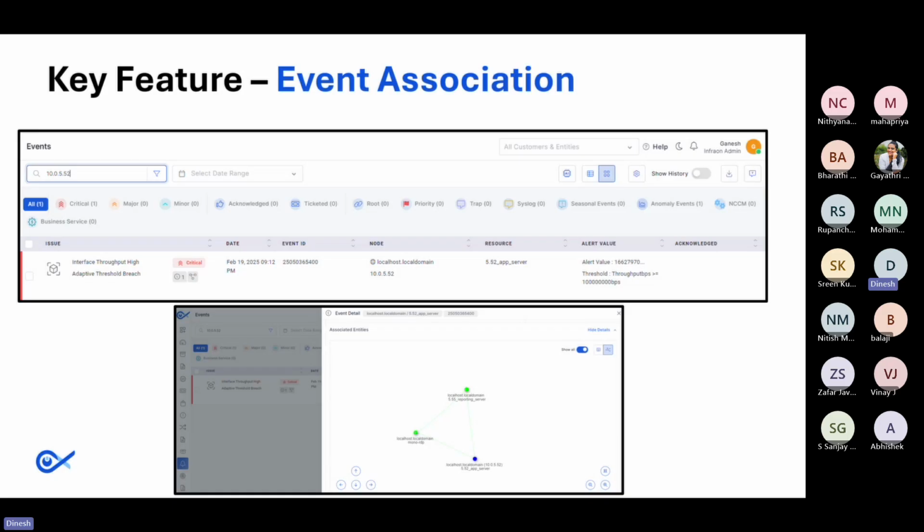But with our service engine, you can see that all the alerts are correlated. The root cause is found before the investigation is even started. It directly tells you the root cause, where the actual parent failure is, rather than investigating the children. As an outcome, your MTTR is reduced drastically.